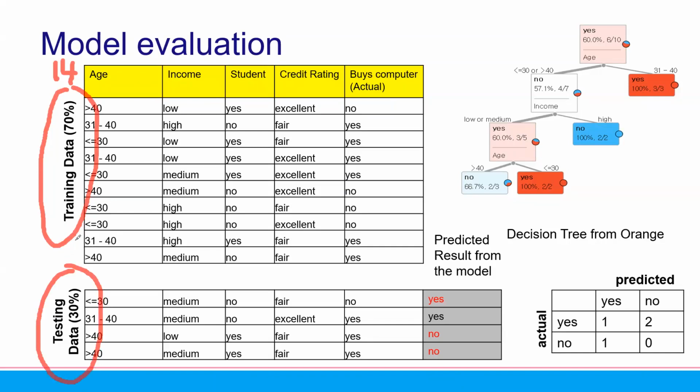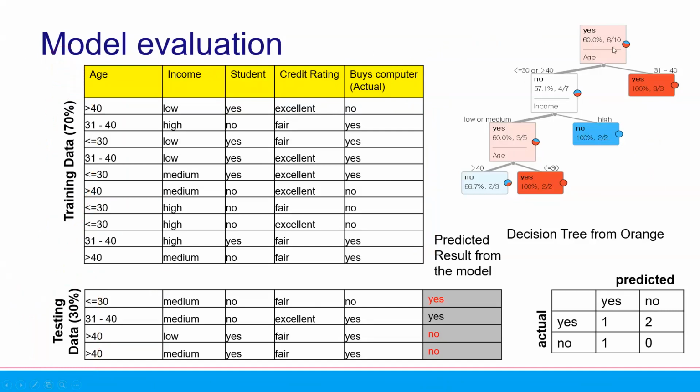I would like to use 70% of 14. If you calculate, it's not a round number, maybe 10 something, so the result will be 10. The 10 data will be used for the training, and the testing is the remaining, so we use 4 data. We can make the decision tree from these 10 data, and this is the decision tree.